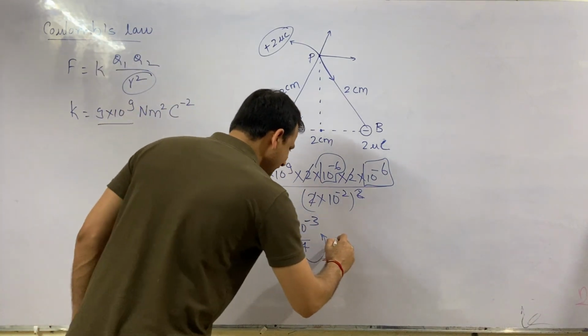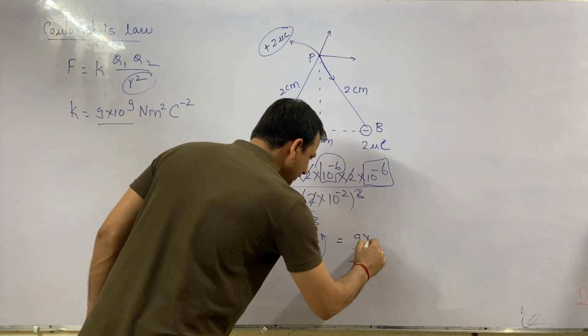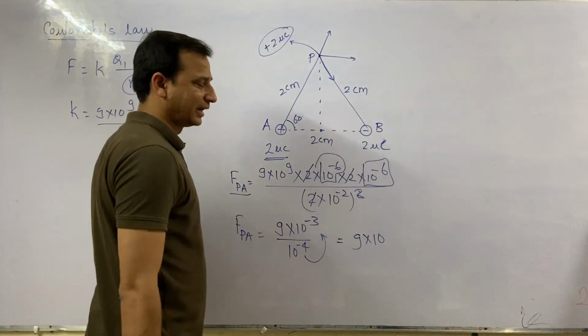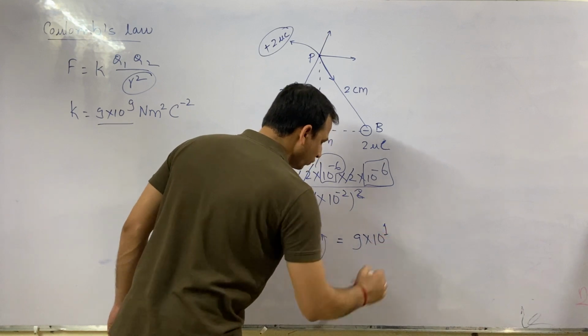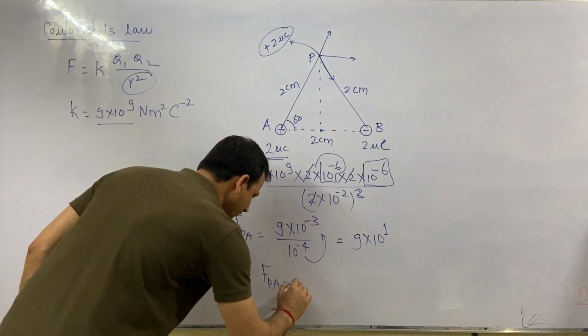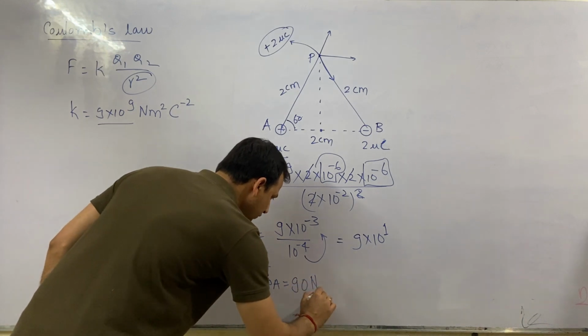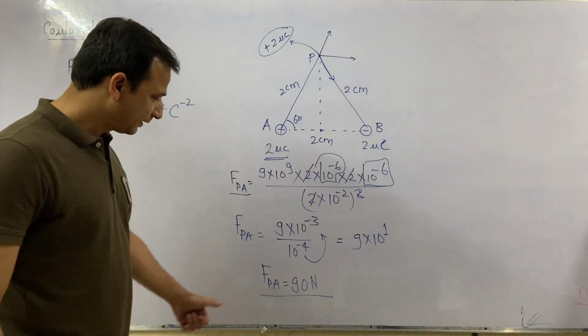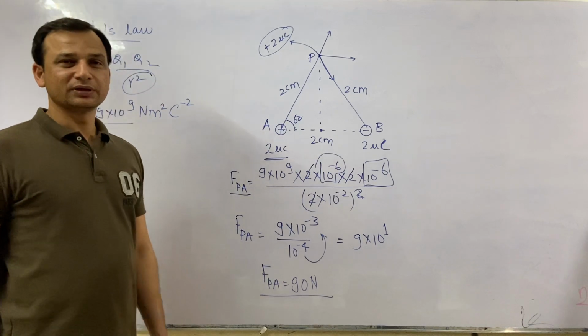So we are going to get 9 into 10, and 10 power just 1. So we can write FPA is equal to 90 Newton.